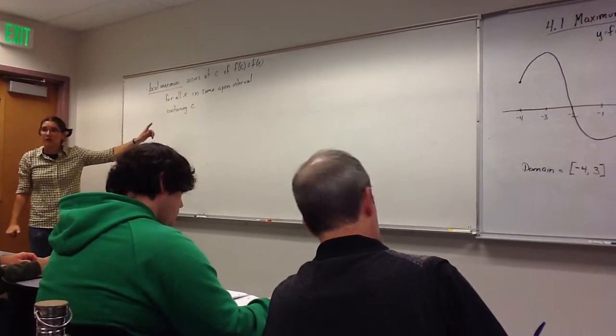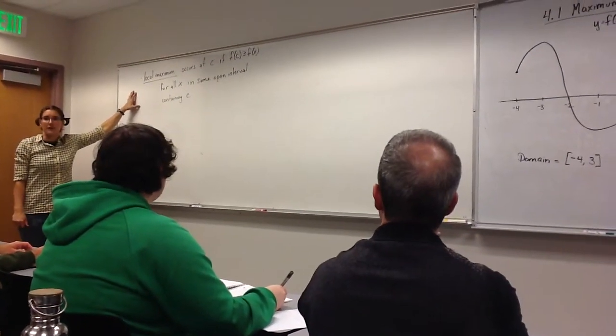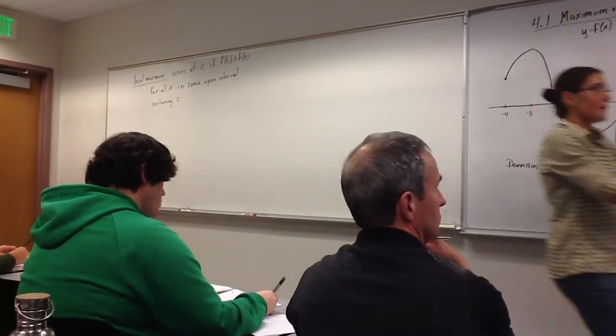All right. So some of you may be saying, why are you repeating yourself, Diane? It sounds like this is exactly what I just wrote over here for absolute maximum.